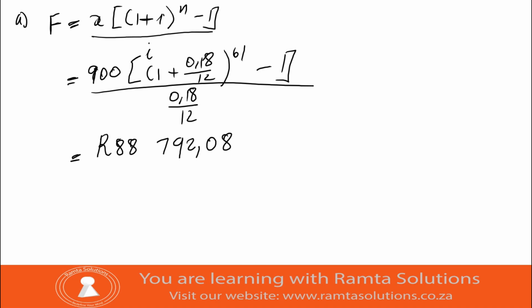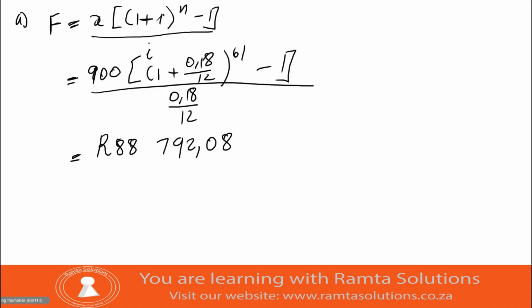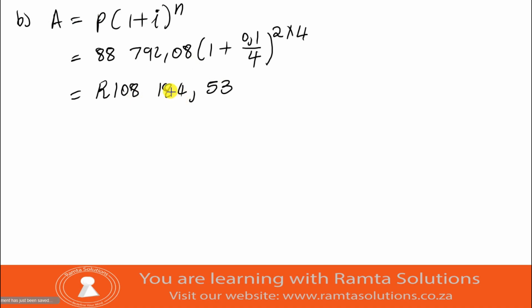So what does Simon have now? He will have 108,184 rand and 53 cents.